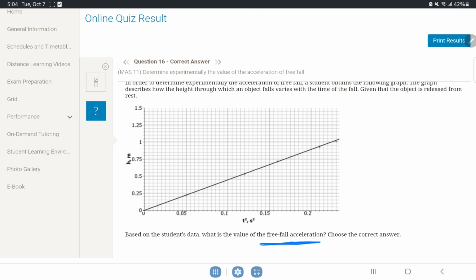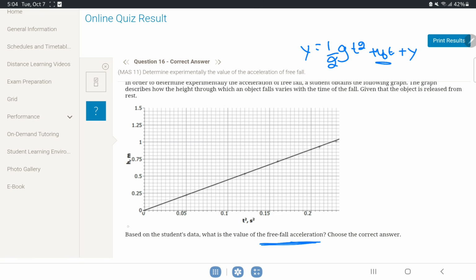Okay, one of the rules for UARM that we use is x is equal to half a t squared plus v initial t plus x initial. The modified version for free fall is y is equal to half g t squared plus v initial t plus y initial.